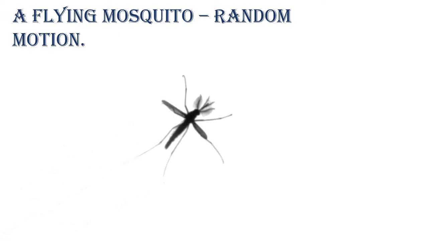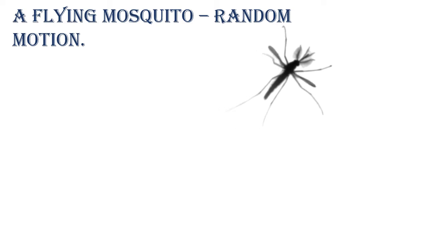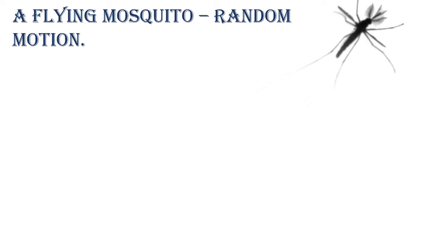All these objects have no specific path and they change their motions suddenly. So, their motions are said to be random motion.